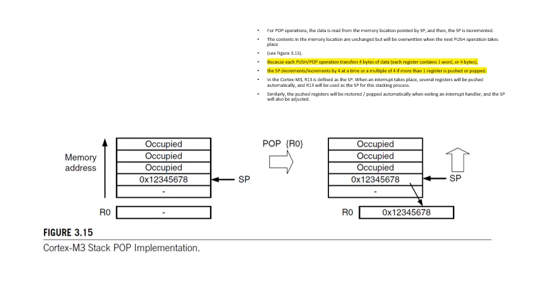Whenever you go for a pop operation, SP will be incremented, as mentioned in the first point. So for every push and pop operation, the SP value will be decremented and incremented by 4 at a time respectively.